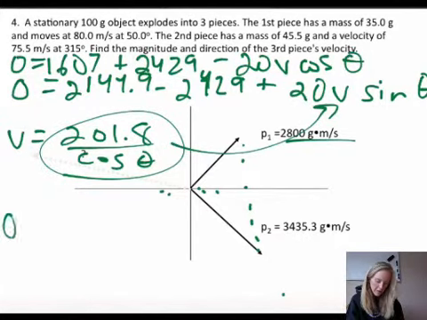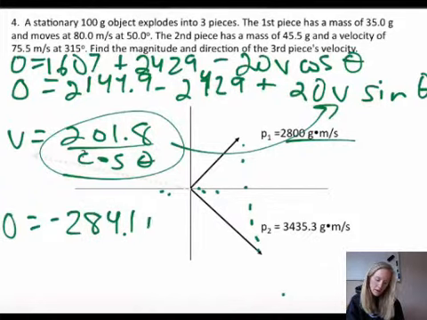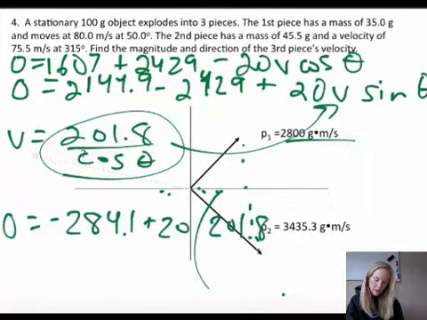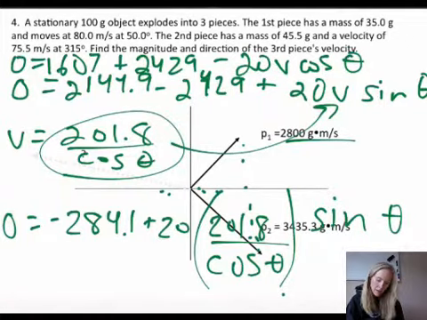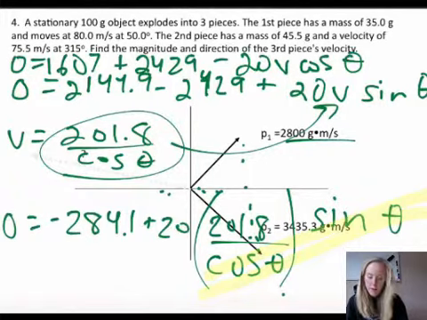So we have 0 equals negative 284.1 plus 20 times 201.8 divided by cosine of theta times sine of theta. We have our lovely tangent of theta. If you ever end up with the cosine on the top, cosine over sine is secant, or just 1 over tangent works also.